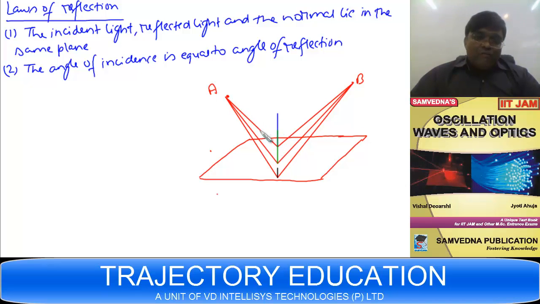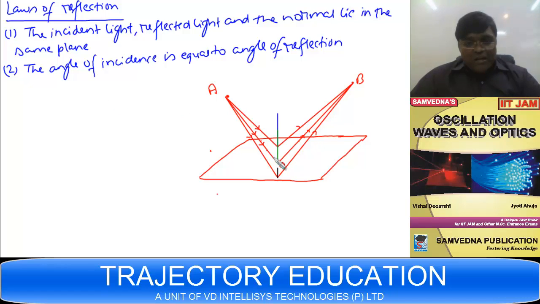So you can visualize yourself that the path for which the incident light, reflected light and the normal lie in one plane will be the least path. Suppose this one is AOB.